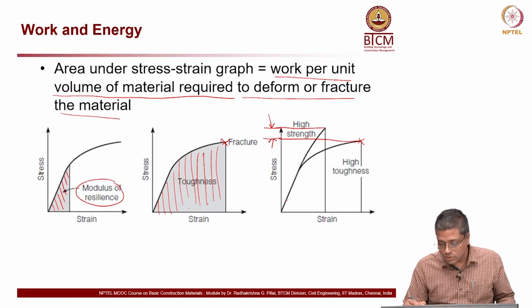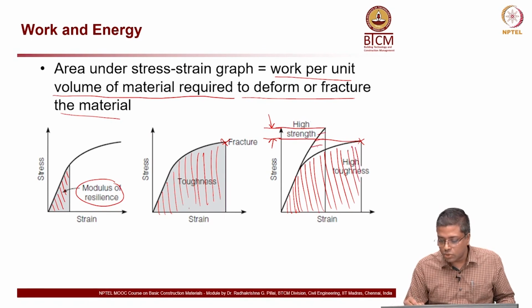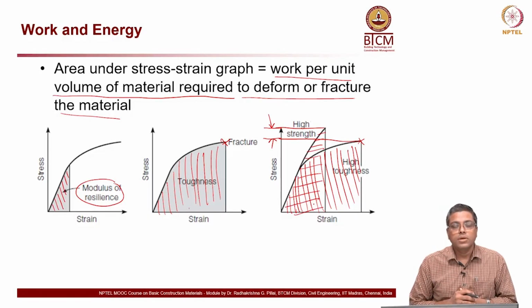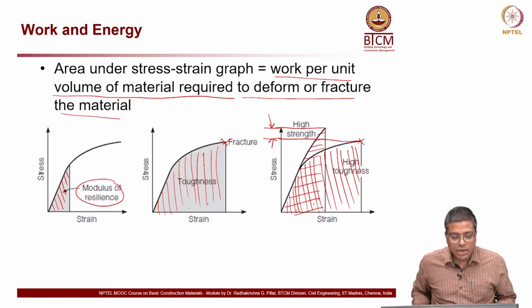In this case, as you see, low strength but high toughness, the area under this curve is more as compared to the area under the first curve. So we look at all these aspects when we design structures to resist earthquake or wind or impact load, etc. Toughness is a very important parameter in addition to strength.